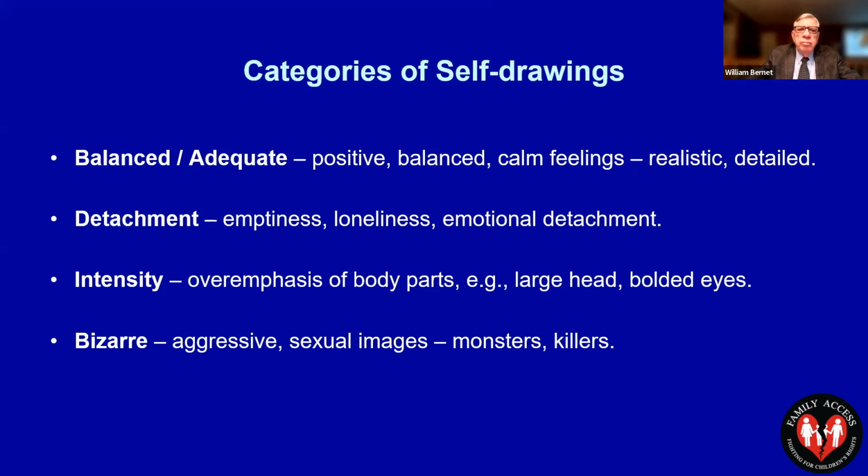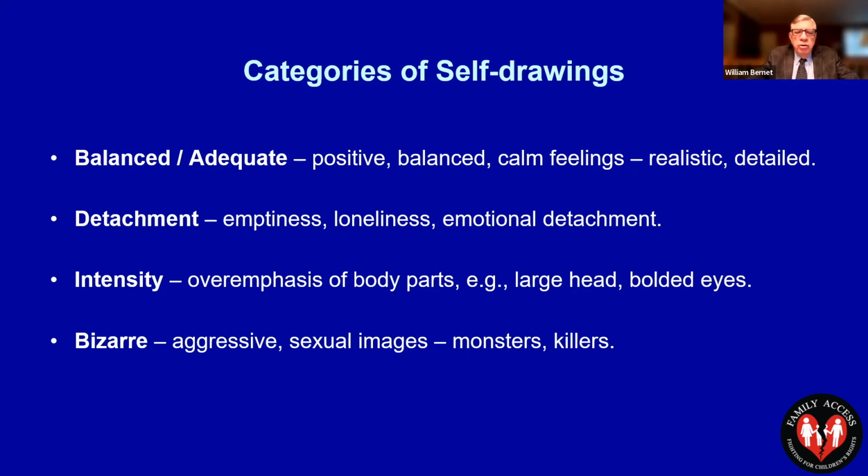One is called adequate or balanced, which basically are normal pictures that convey some sort of positive, realistic image of the child. There's another category called detachment, in which the child conveys emptiness or loneliness about himself or herself.